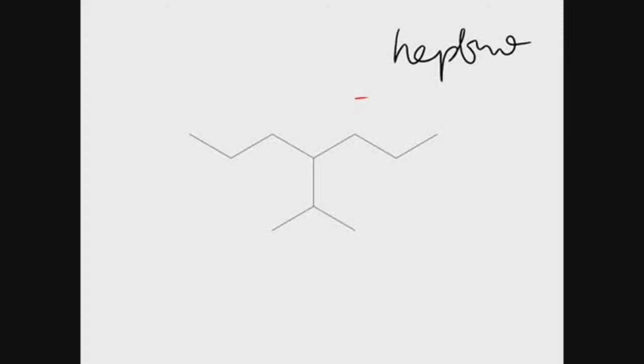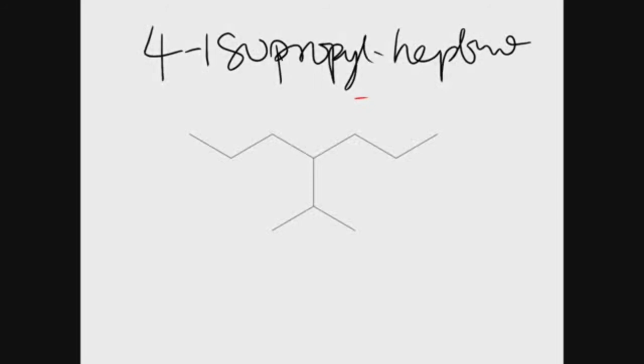From both sides, you can see the branch is located at an equal point. If you count from 1, 2, 3, 4, it will all be the same. So the name of this compound is going to be 4-isopropylheptane.